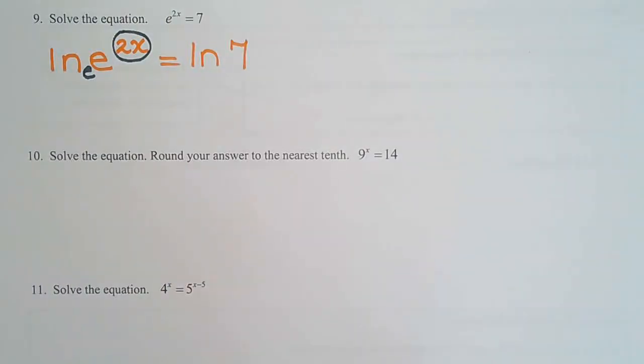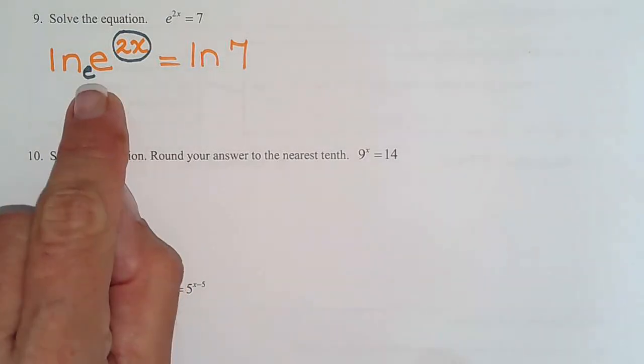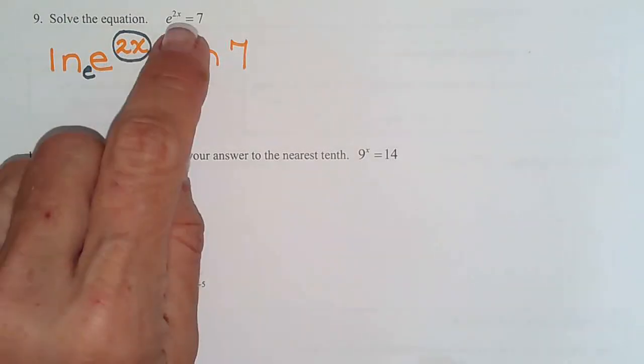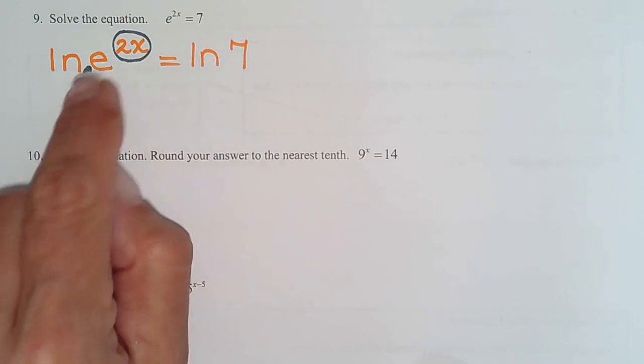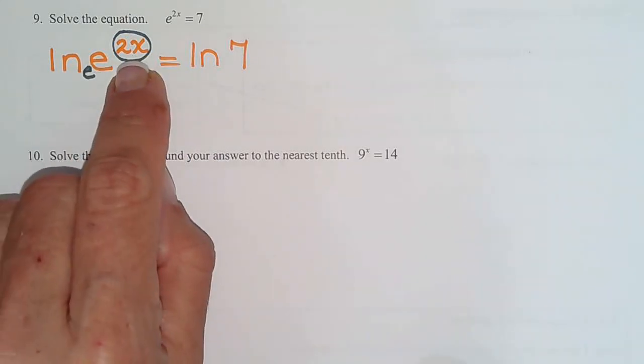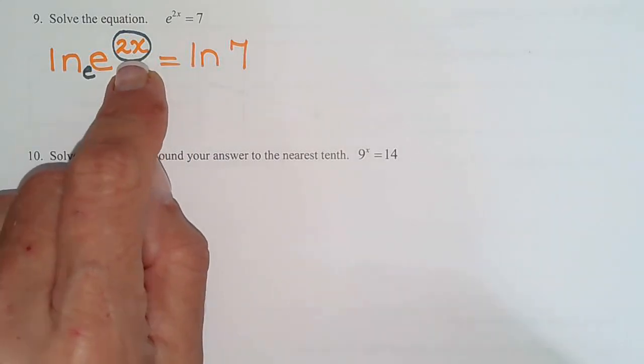And that's why I said always use natural log when you see an e, because you're going to have that nice nifty little thing happen there. So natural log's base is e. The exponent's base is e. They undo each other, and we learned in 6.4 that means the answer is the exponent.